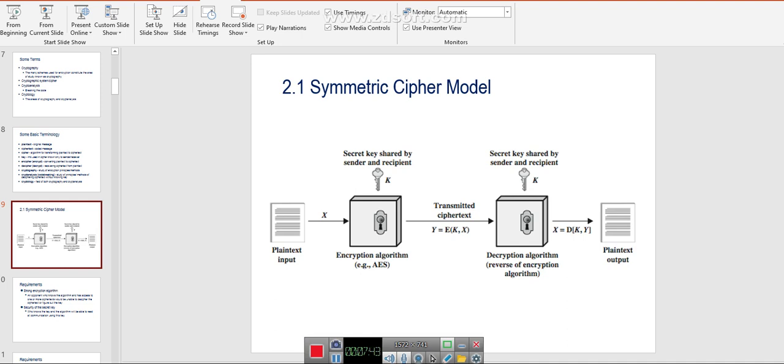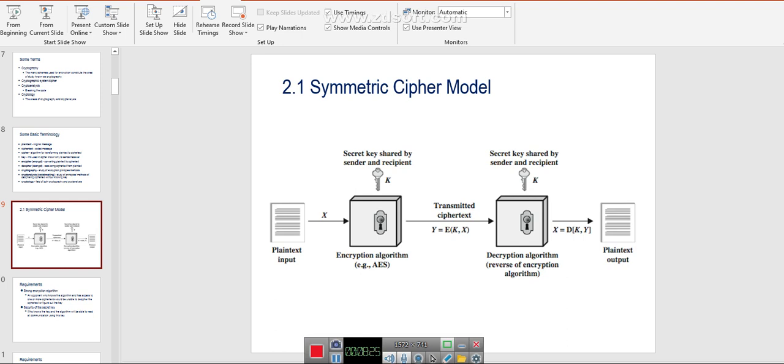In the symmetric cipher model, we have an input in plain text, which we can denote as X. The plain text undergoes some form of encryption using the various encryption algorithms that are present, such as AES, or Advanced Encryption Standard, or Data Encryption Standard, or the Caesar cipher, or the rail fence, or the Playfair, or the Vigenere cipher, or the one-time pad cipher.